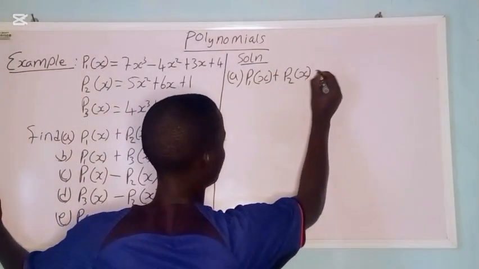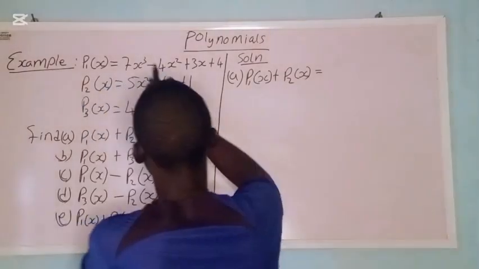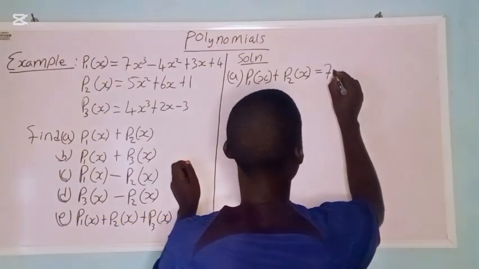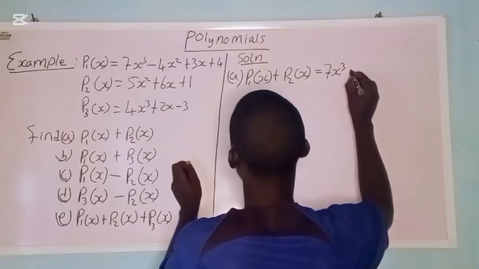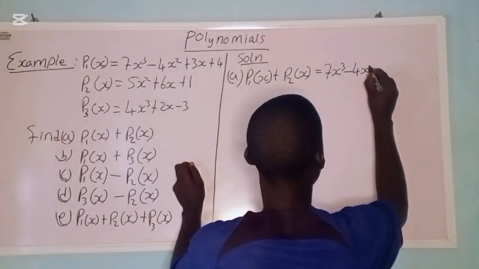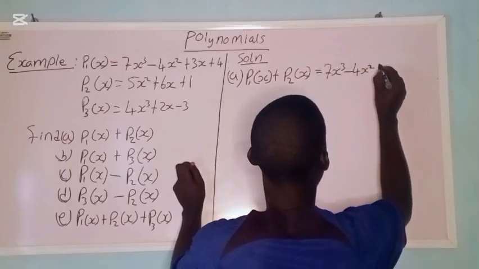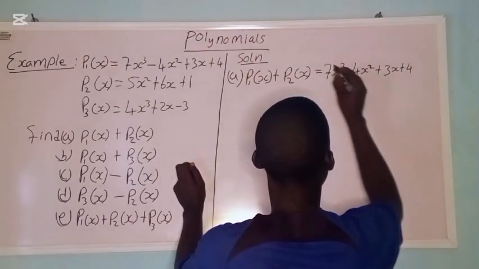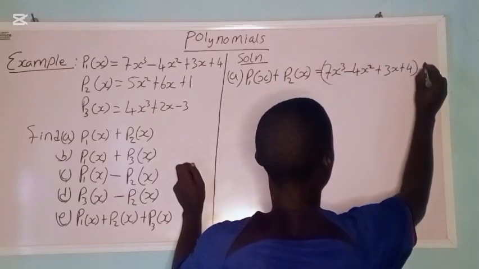It will now be equal to P1, which is 7x cubed minus 4x squared plus 3x plus 4, all in bracket, plus.